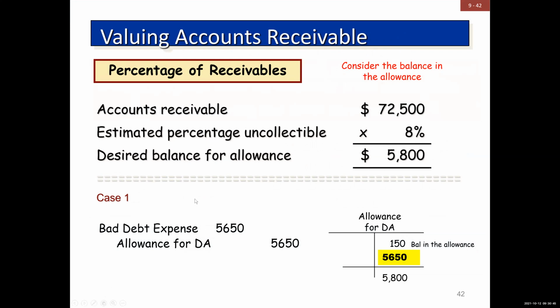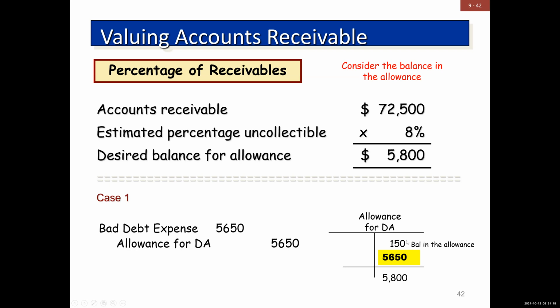Okay, so let's say that we think that 8% of these receivables are going to go bad. So we multiply the 8% by the accounts receivable of 72,500. So we believe that of the 72,500, 5,800 are going to be uncollectible. That's the amount that should be in the allowance. In case one, when we go look, there's already $150 in there.